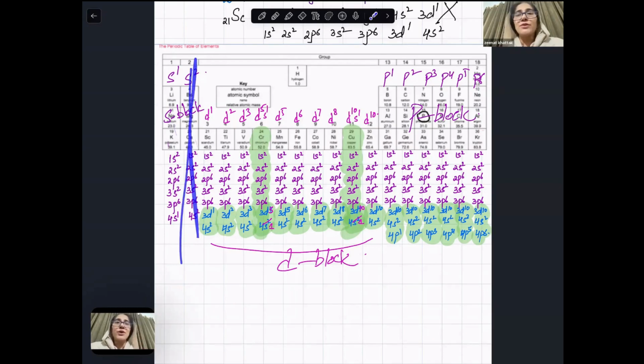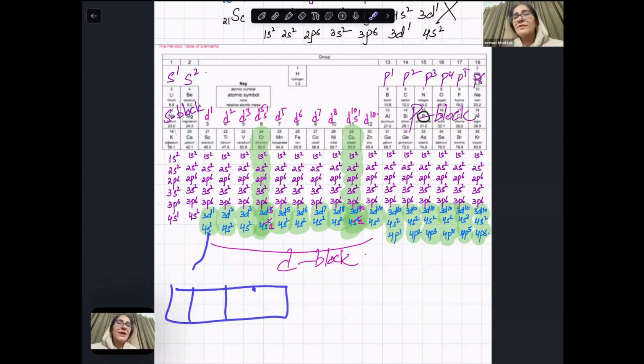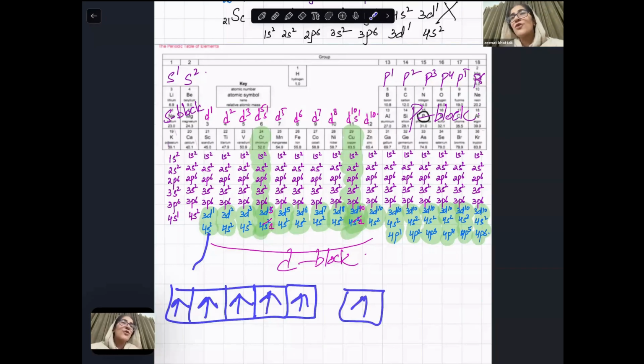Group 2, 0 unpaired. D1, how many unpaired in D1? If it is D1, 1 unpaired. D2, 2 unpaired. D3, 3 unpaired. There is no D4. It's D5S1 in chromium.